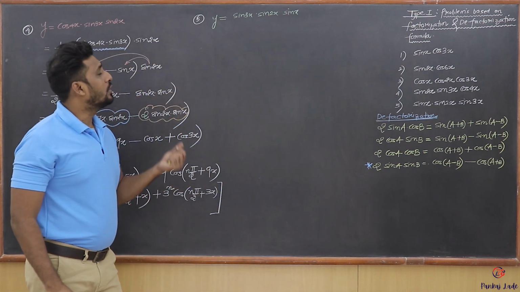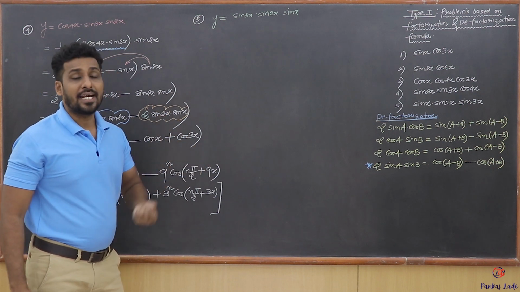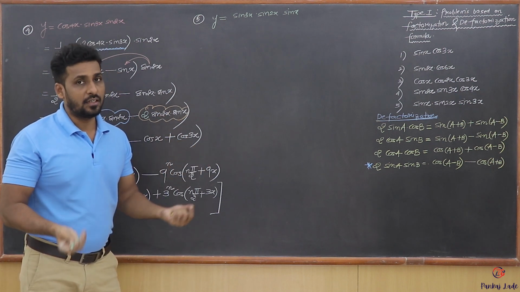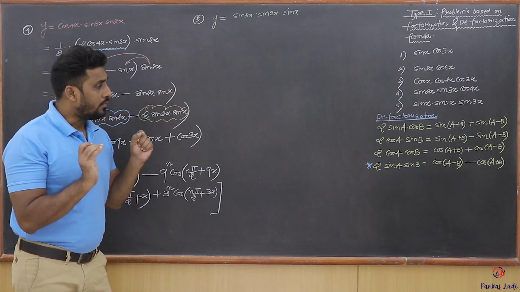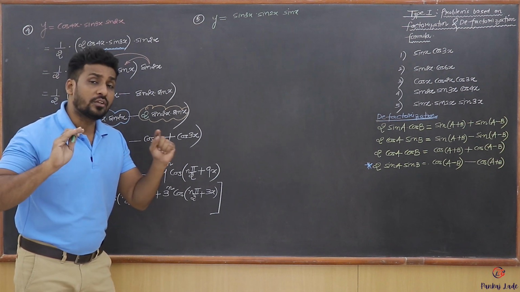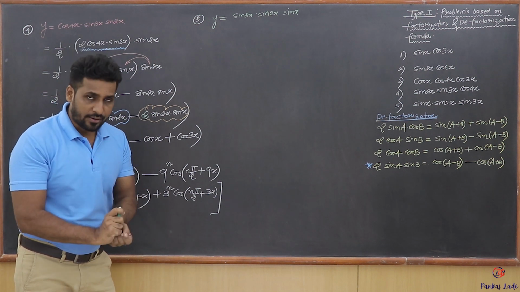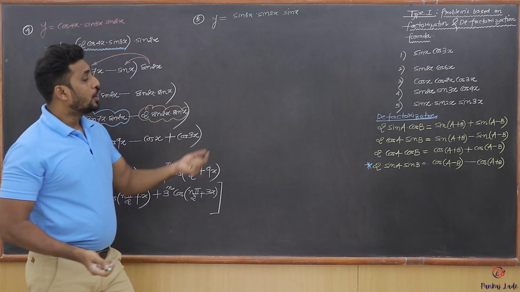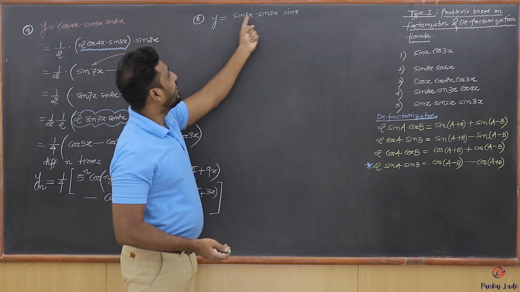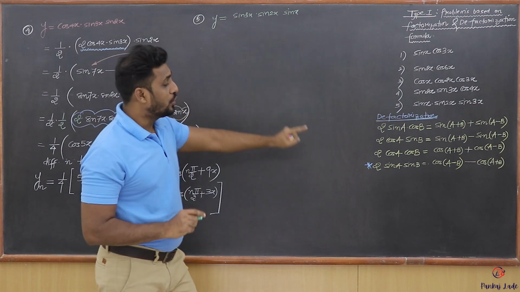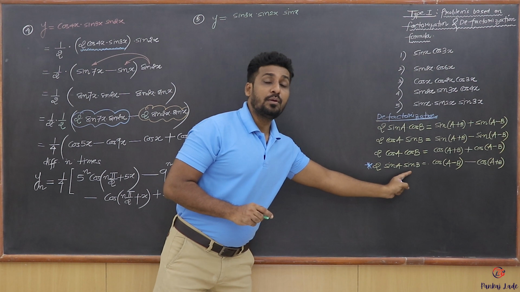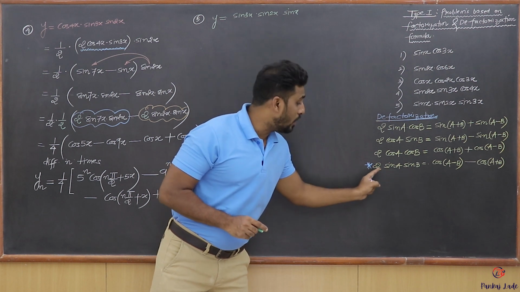So again you can observe this is sine 3x into sine 2x into sine x. It is product of three different sine terms. I do not have the de-factorisation formula for all the three terms together, but I can take two terms at a time, apply the de-factorisation formula and then proceed ahead. So I'm going to associate the terms sine 3x and sine 2x. Again you can observe the formula is sine a into sine b, but it is always accompanied with a 2.